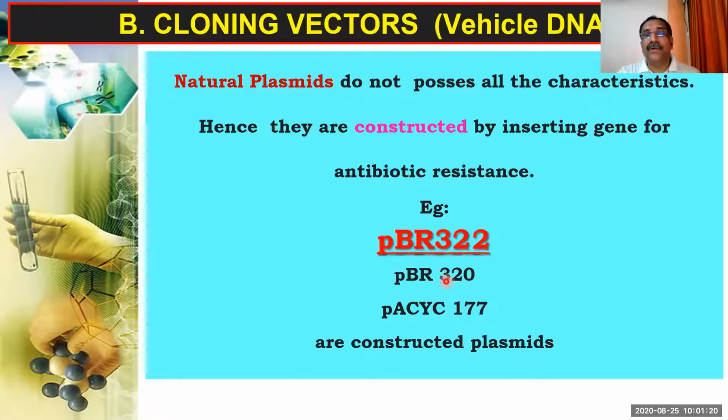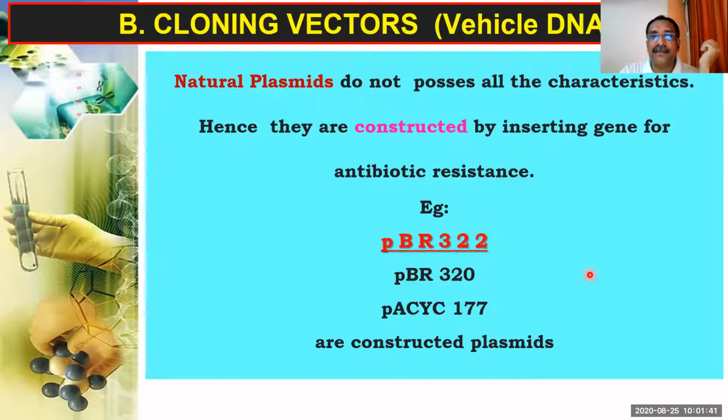So you have to construct the gene for this particular character, like antibiotic resistance, and then insert it. Some examples are given in your textbook, but not in detail. Even whatever I told here is not given in the textbook.